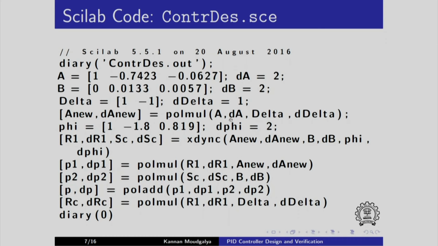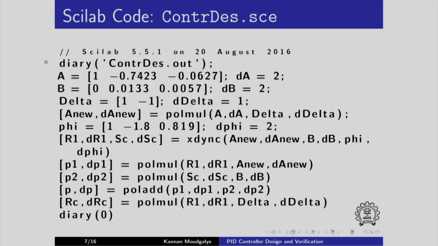A nu is nothing but A into delta, and then the second term on the left hand side of Aryabhata's identity was SC into B. We multiply these two, we add these two polynomials, and we have to check when we add this whether we get the right hand side, which is the closed loop characteristic polynomial. And of course we get the expression for RC by multiplying R1 and delta.